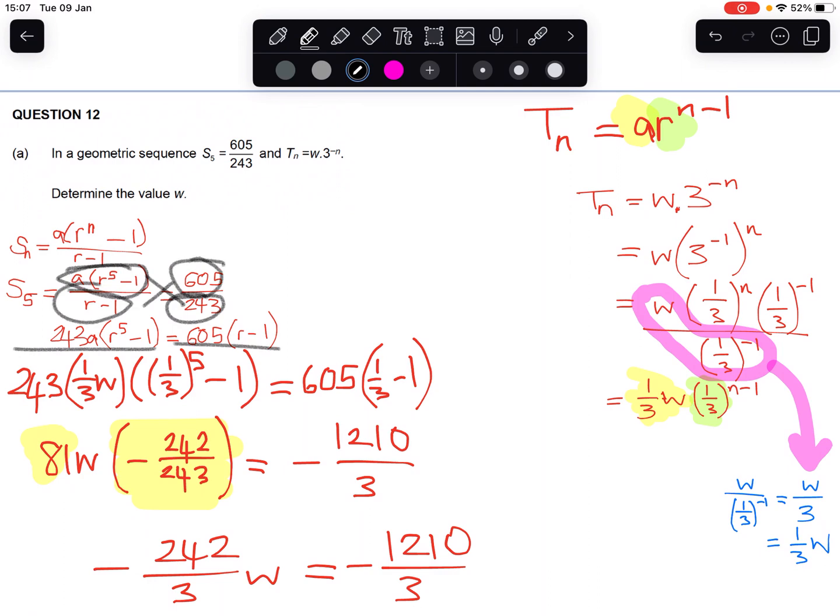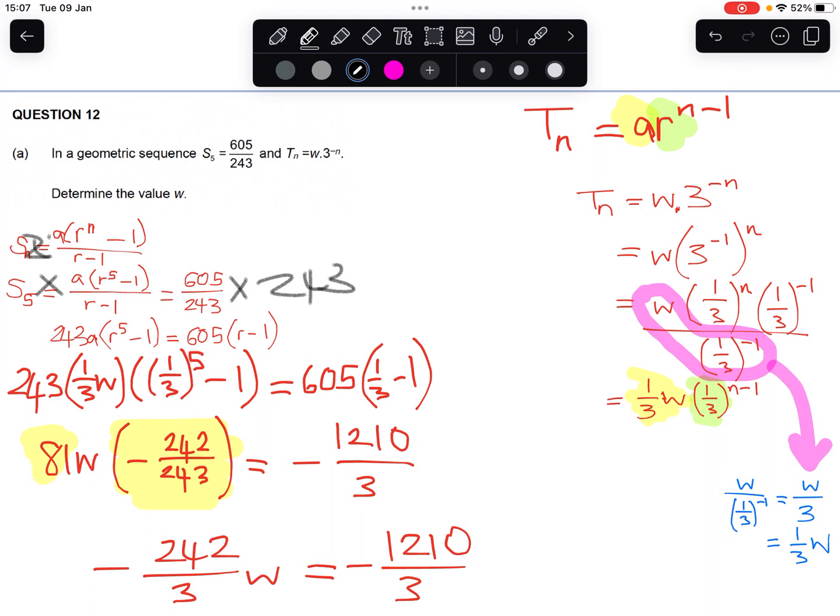The alternative would be to do them one by one: you would times this side by 243 and then this side by 243, then times this side by r minus 1 and this side by r minus 1 as well. So that's pretty much what's going on behind the scenes.